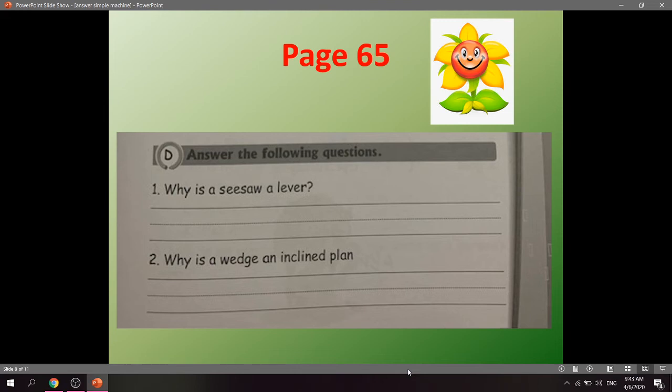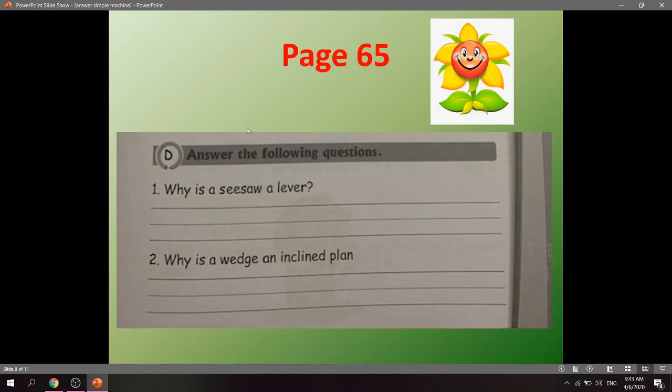Now here, this one is very important. Answer the following questions. So, why is a seesaw a lever? I answered this question before when I was explaining something. So you have to know this one.